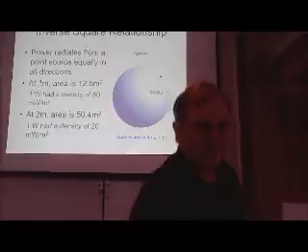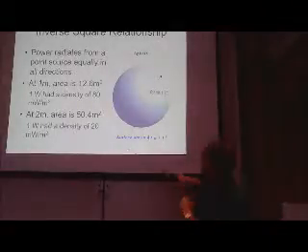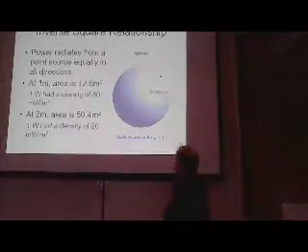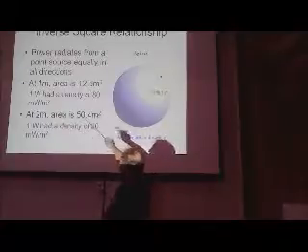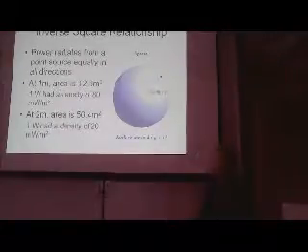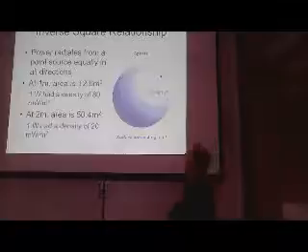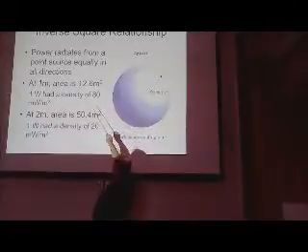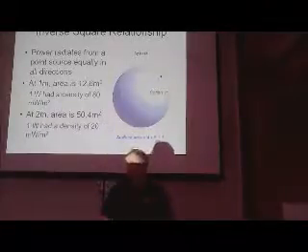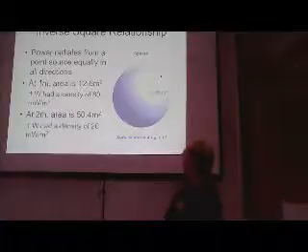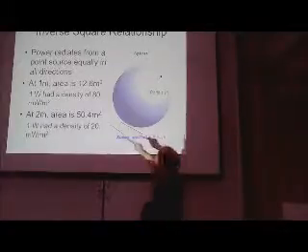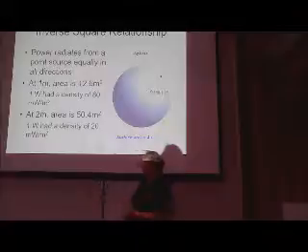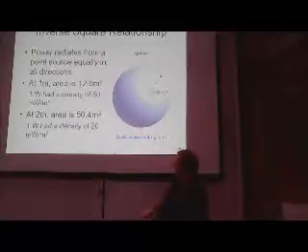So there are a couple of examples here where if we had, say, 1 watt at 1 meter from the transmitting antenna, the area of the sphere at 1 meter would be 12.6 meters squared, and the power density would be 80 milliwatts per square meter.